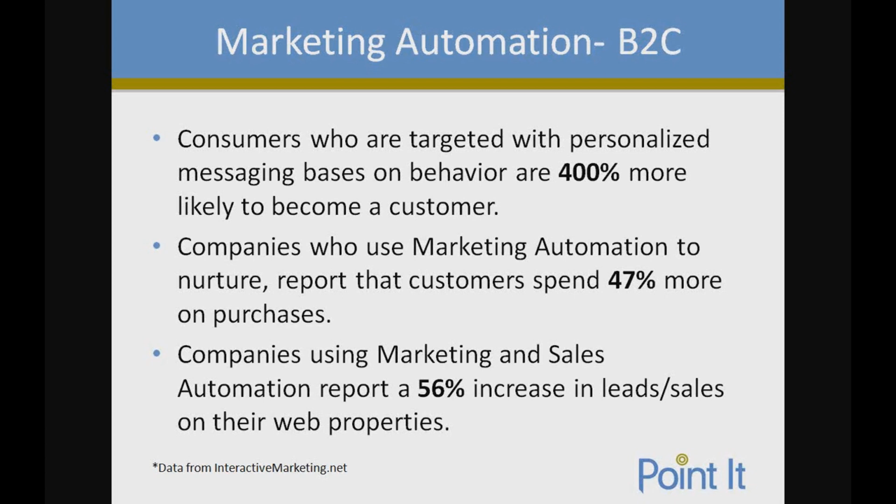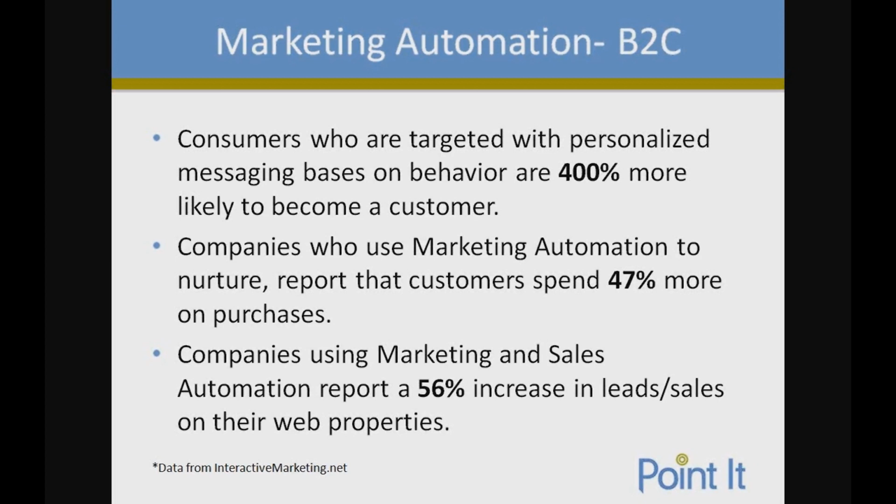That is a huge impact. And for a B2C environment, 400% more likely is a huge gain potential for your company. So really, having marketing automation and targeting people with these personalized messages is incredibly valuable for your company.